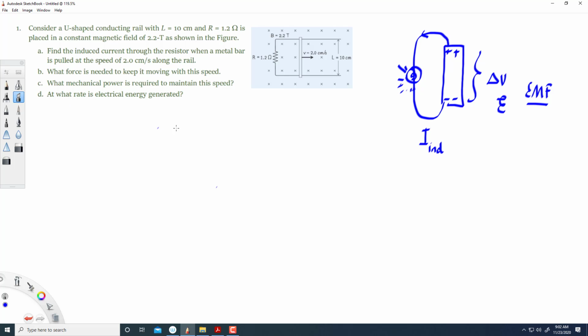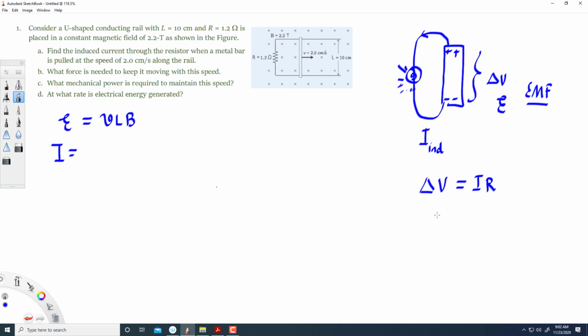Last time we derived this relationship for motional EMF: motional EMF is given by VLB. That's the motional EMF, and we want to find I induced, and Ohm's law tells us delta V is I times R.